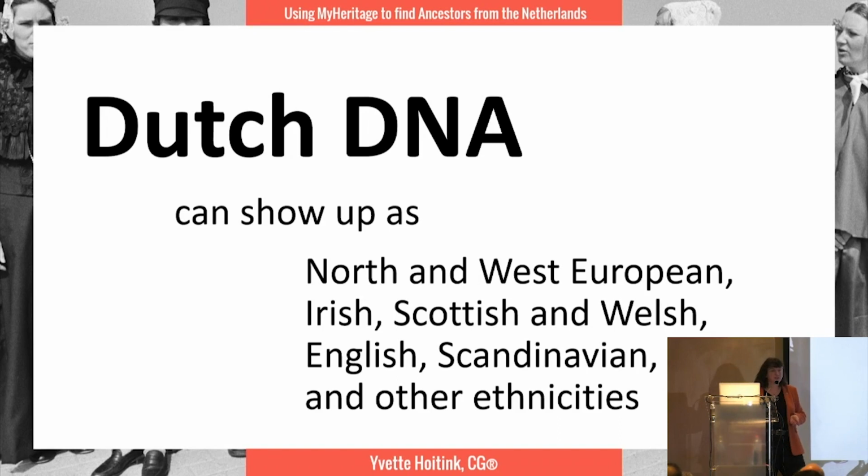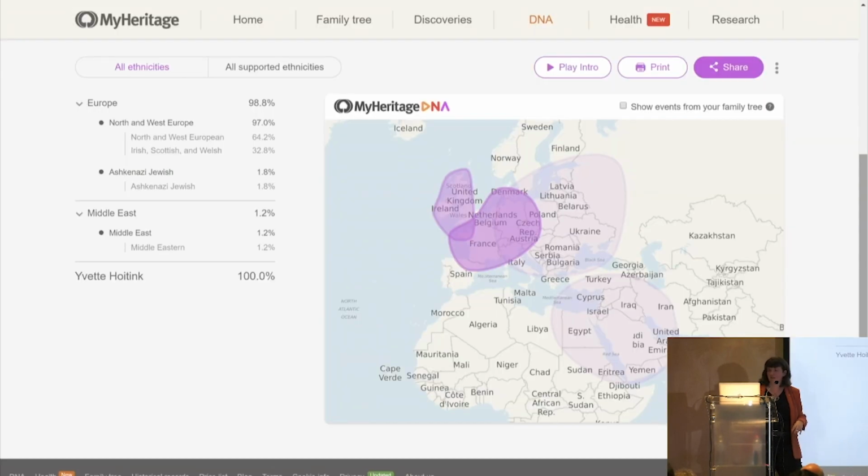There's also the ethnicity results, and I found that Dutch DNA, I've tested several people, is really North and Western European, but it often shows up as Irish, Scottish, Welsh, English, Scandinavian, but always in the right corner of Europe. These are my own results, for example. I know I'm 99% Dutch, the remaining 1% is German, just across the Dutch border.